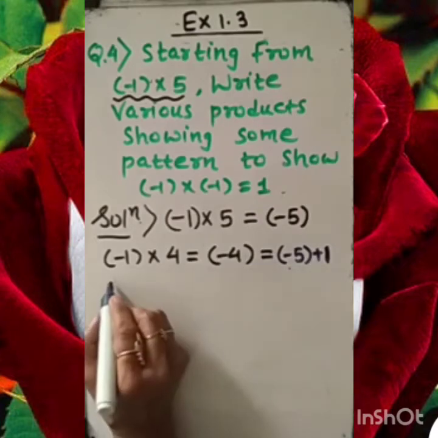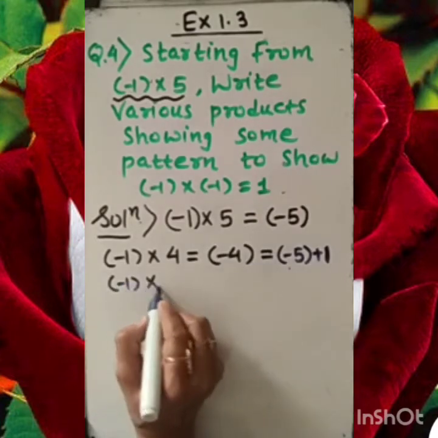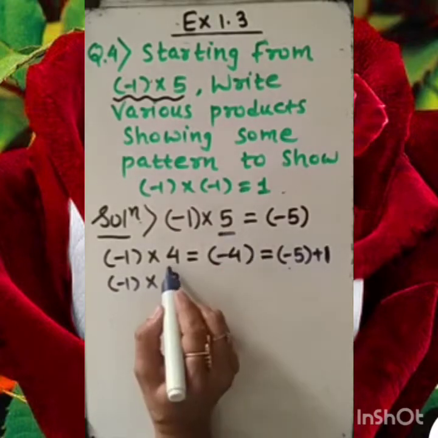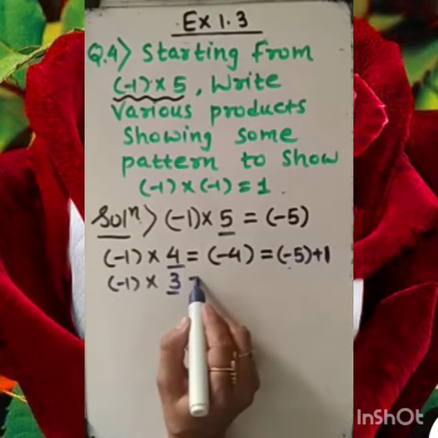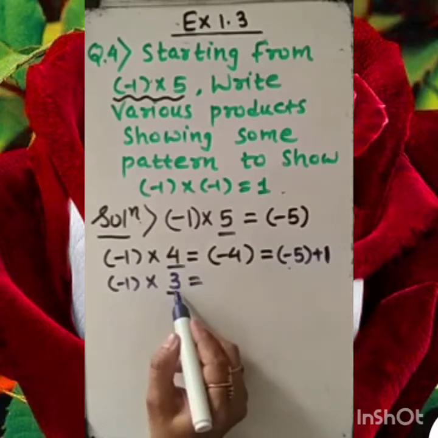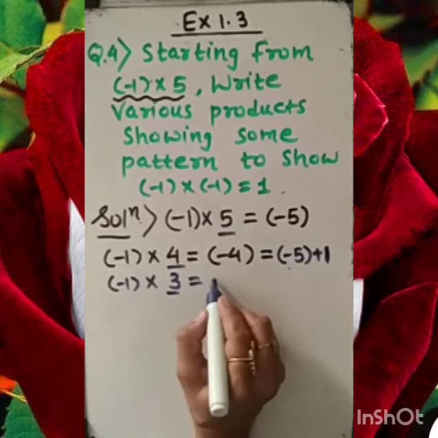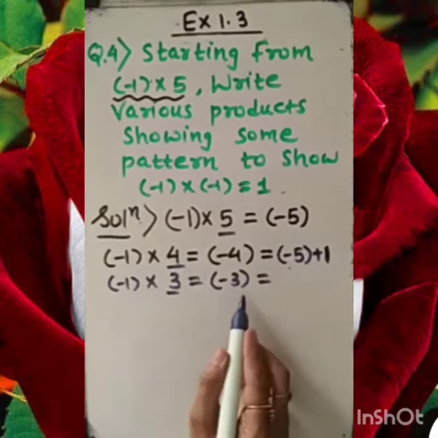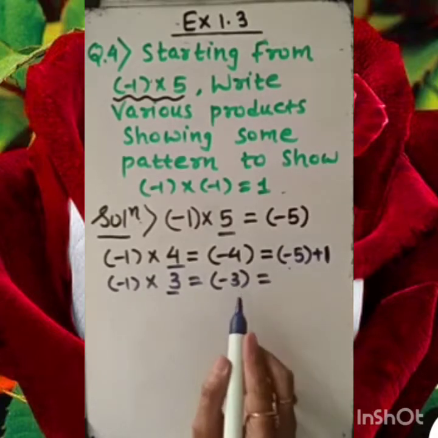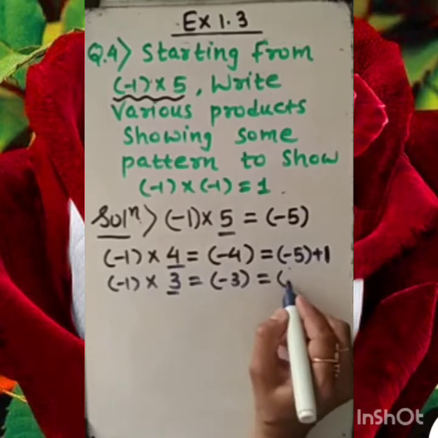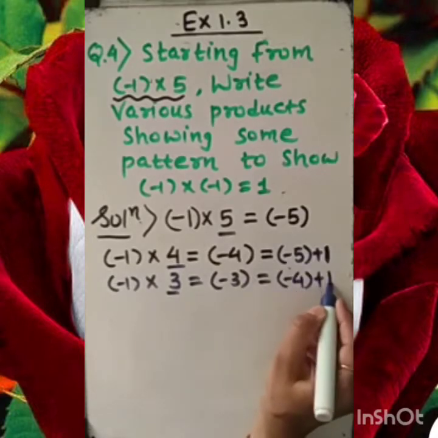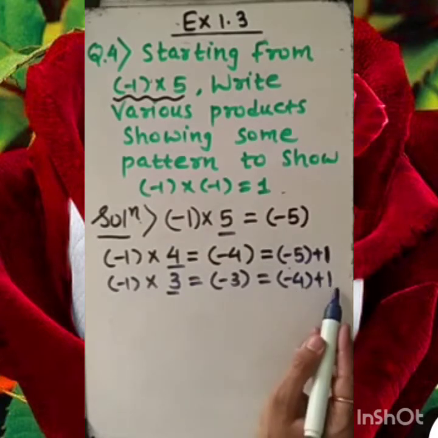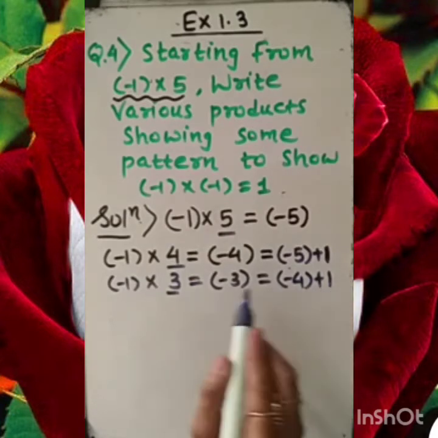Now one more result I am taking, minus 1 into 3. First I took 5, then 4, now I am choosing 3. Minus 1 multiplied by 3 gives the result minus 3. Can I write minus 4 plus 1? Minus 4 plus 1 means the answer is minus 3.